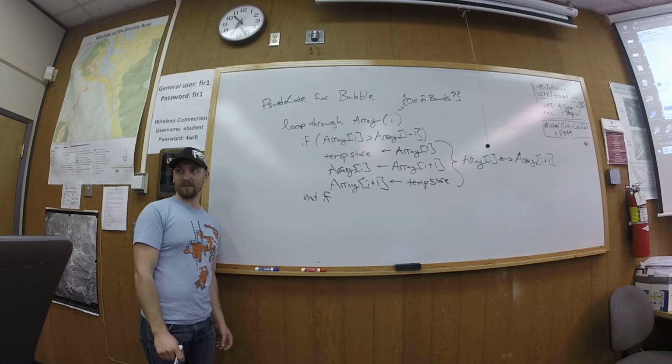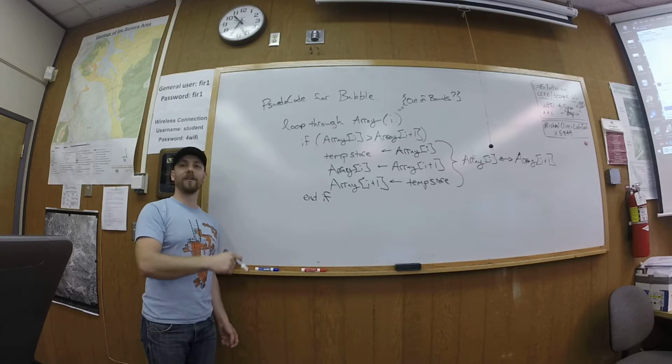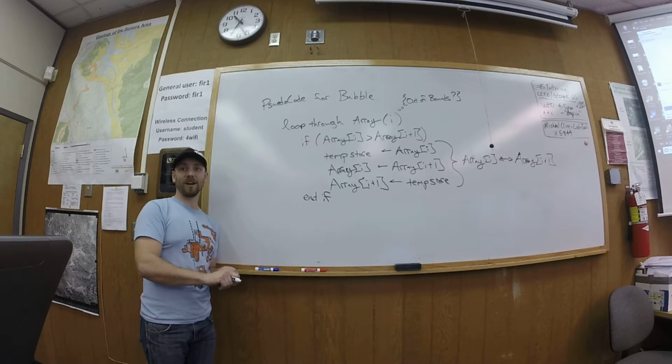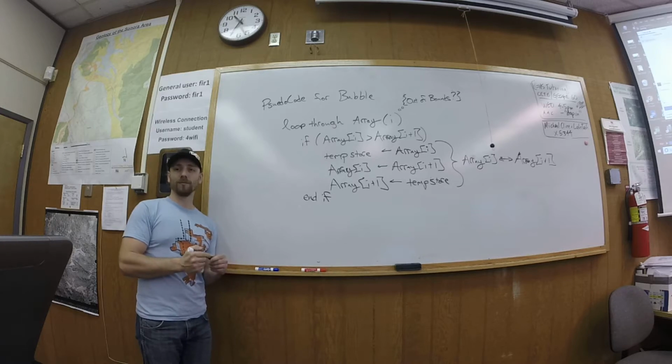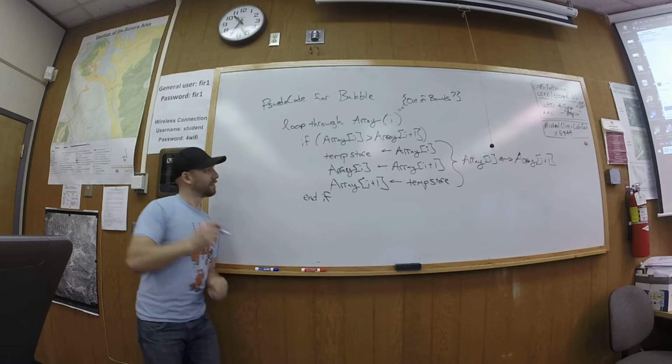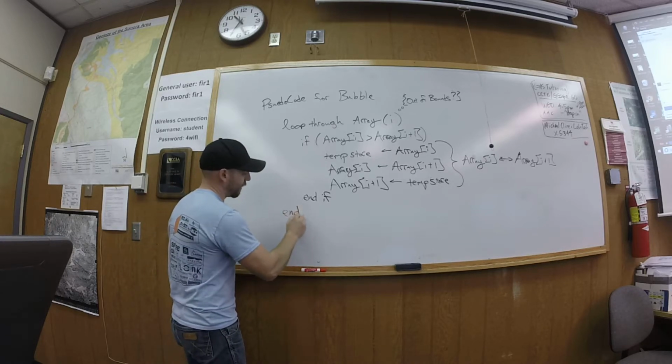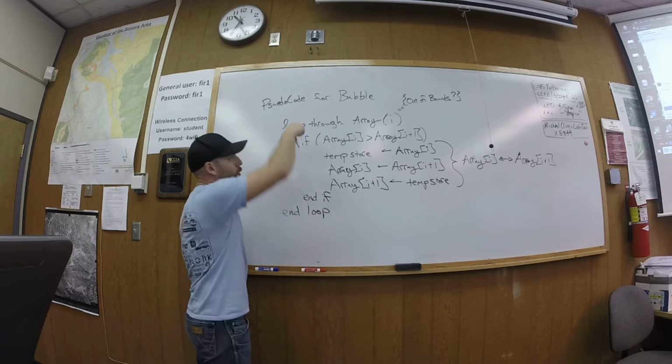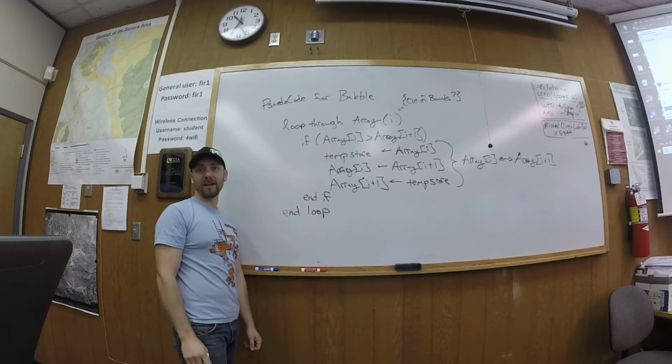Oh, and then it's got to do the loop again, until it doesn't find any. Because right now, this is looping through the array one time, so this is like one pass. So that's going to be my end loop here. So that's one whole pass through the array.